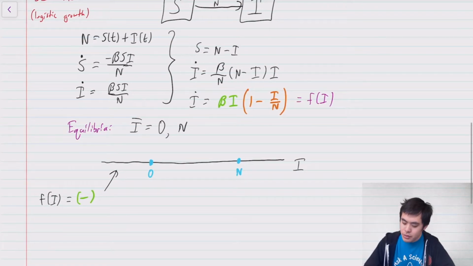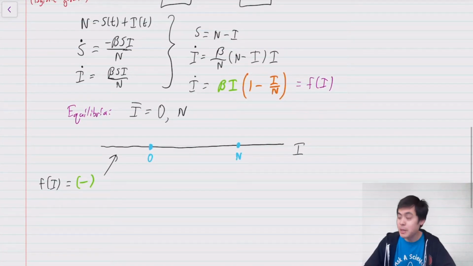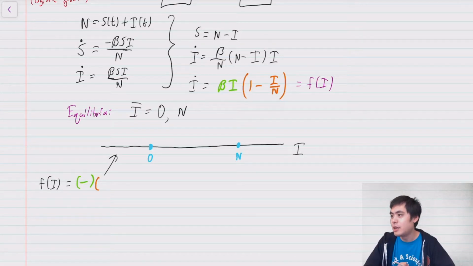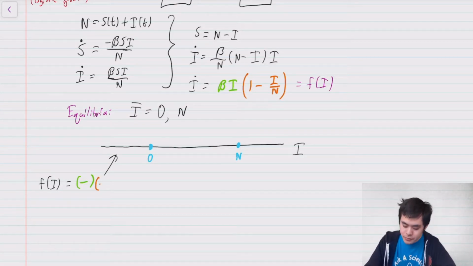So when I is less than 0, beta I is going to be less than 0, times, well, when I is less than 0, 1 minus I over N is going to be positive. So f of I is less than 0 if I is less than 0.